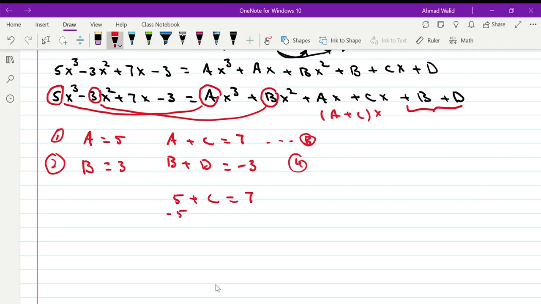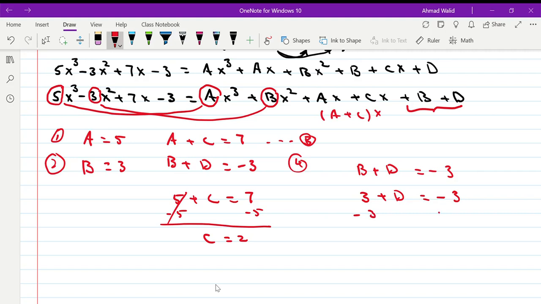Subtract 5 from both sides. It means c equals 2. And also you have b plus d equals negative 3. If you put the value of b here, 3 plus d equals negative 3. Subtract 3 from both sides. Then your d equals negative what?